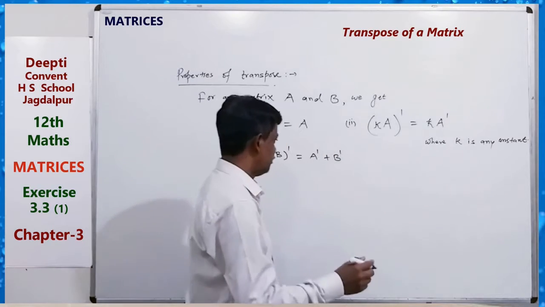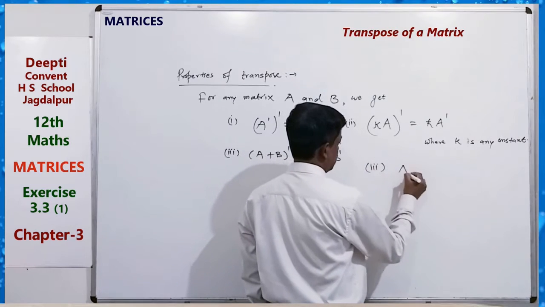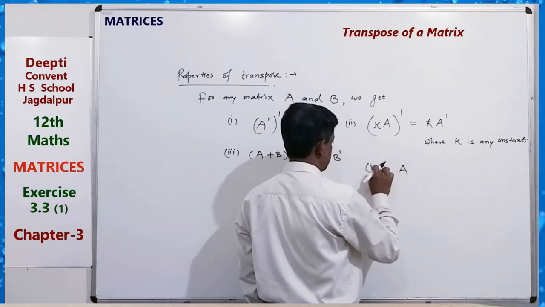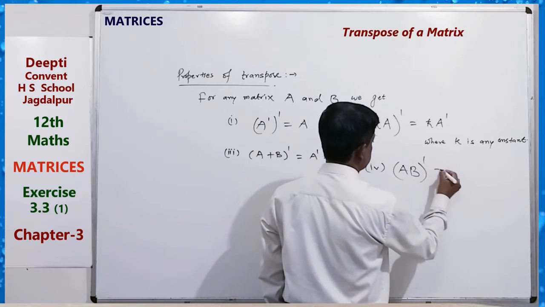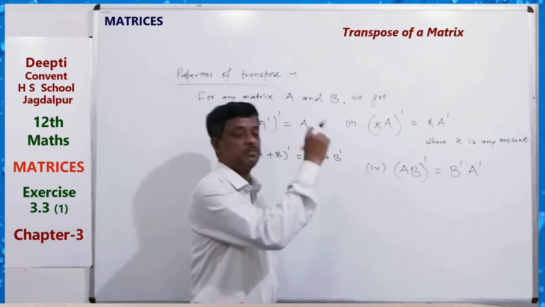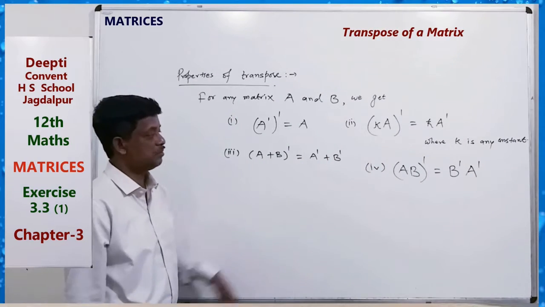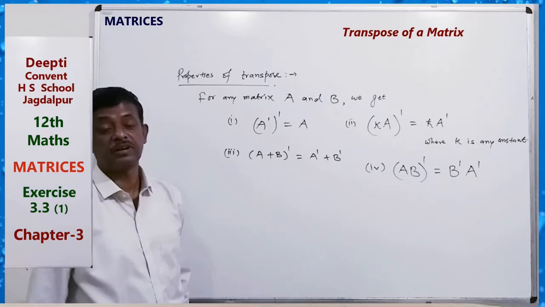And finally, fourth is for multiplication. AB dash equals first B dash then A dash, for multiplication of matrices, if multiplication is defined here. These are the properties for transpose.